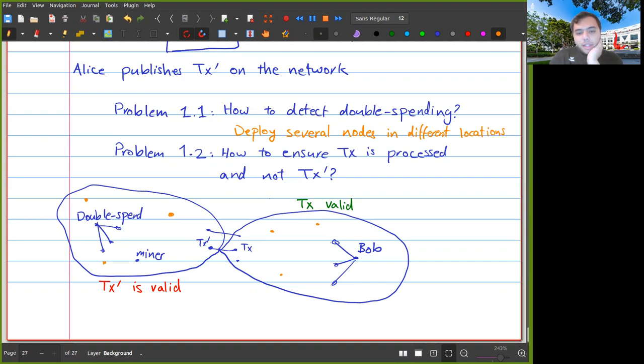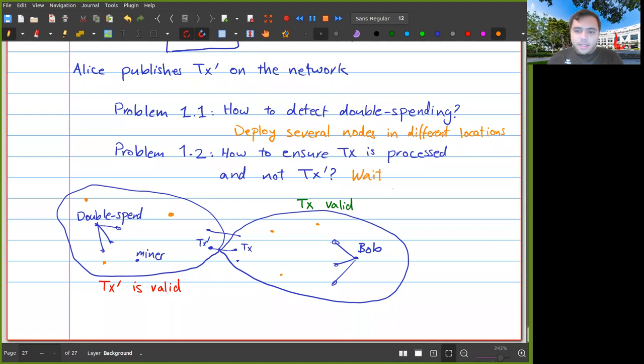Okay. Now, the next problem is, how do I ensure that the original transaction is processed and not the other transaction? Well, there is nothing Bob can do about this, right? Because the miners are the ones who decide which transaction gets into a block and which transaction gets added to the blockchain. So the only thing that Bob can do in this scenario is to wait.